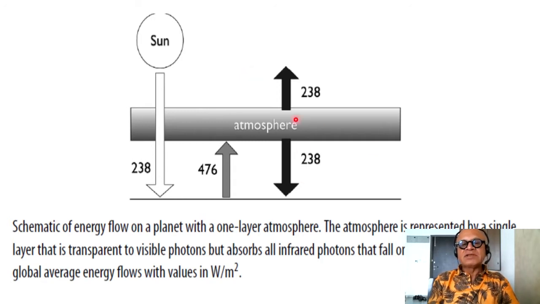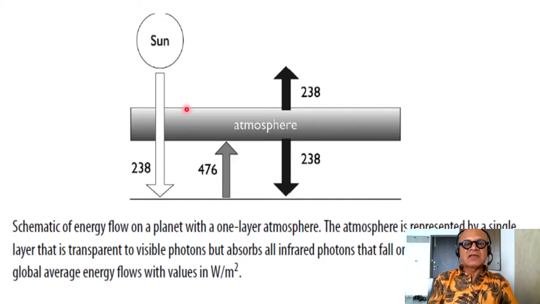So then that atmosphere, as we said before, will send 238 back towards the surface as well, because the blackbody radiation is in all directions, and the surface is now emitting 476, because it has to get rid of the 238 it received in the visible and the 238 it received in the infrared from the atmosphere.